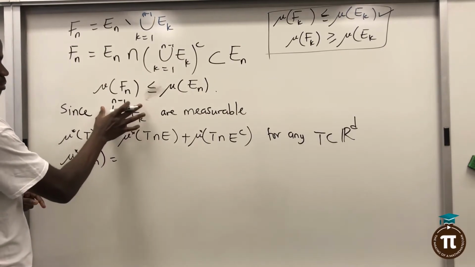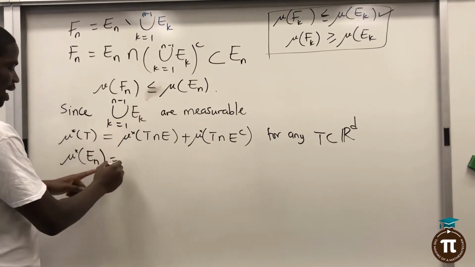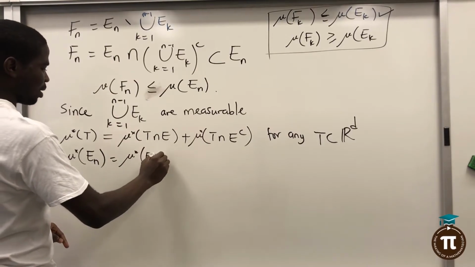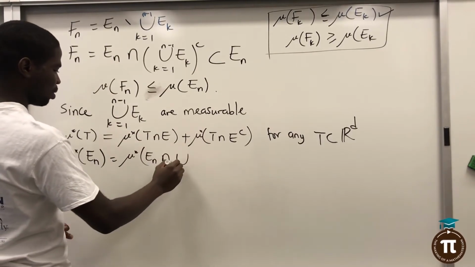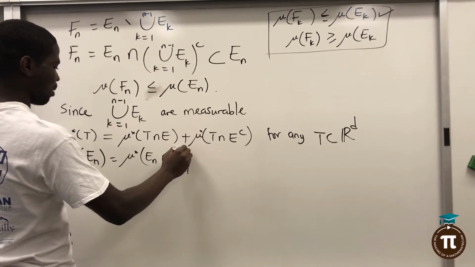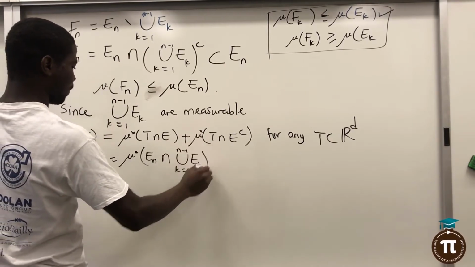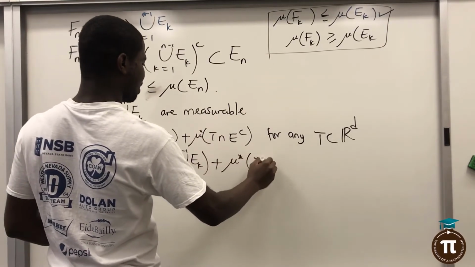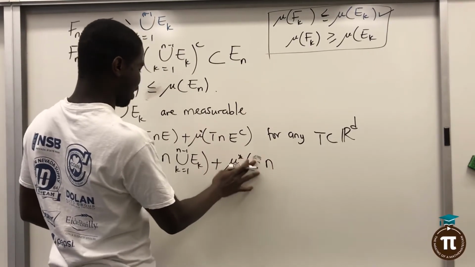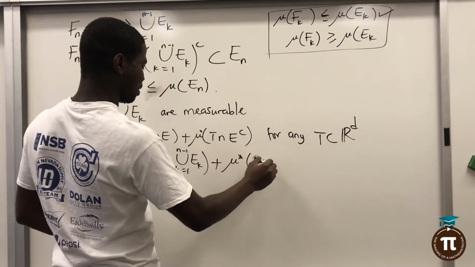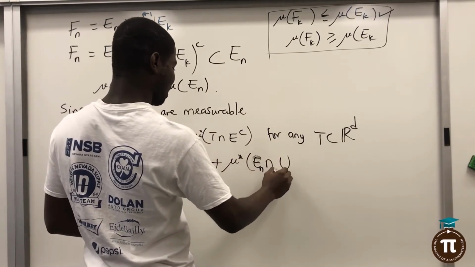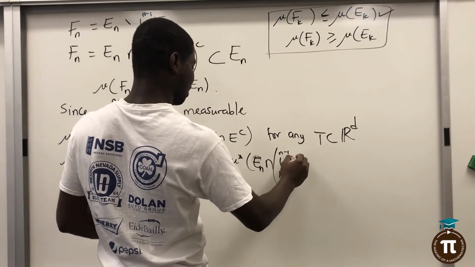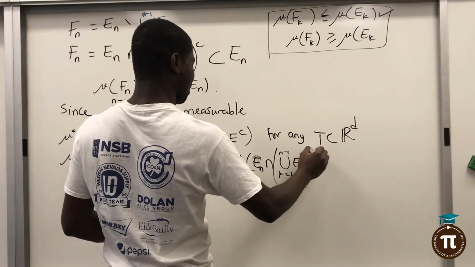Because this is measurable, it means that the outer measure of E_n has to be equal to the outer measure of E_n intersection the union, k from 1 to n minus 1, of E_k, plus the outer measure of E_n intersection the union, k from 1 to n minus 1, of E_k complement.